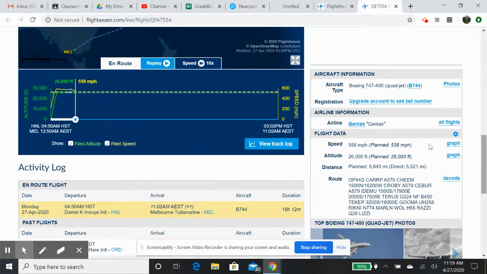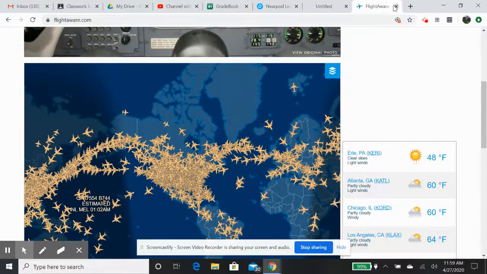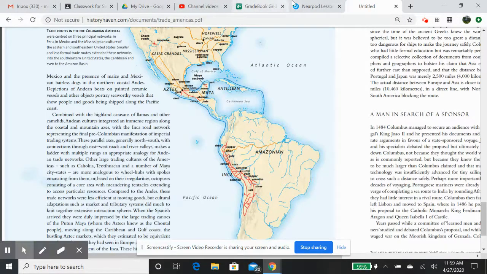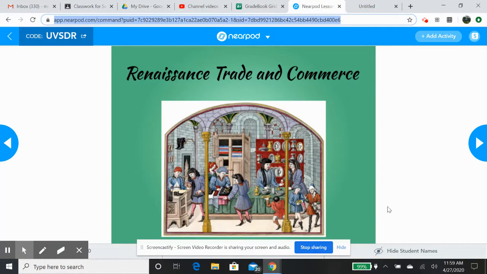But we go back to this aspect of Renaissance trade and commerce. No, they didn't have planes, but they did have boats. And boats were bringing ideas, and they had that Silk Road aspect. And all of this trade and commerce, remember we were talking about how it was pushing people, not everybody, but some, to know and understand old thought processes.